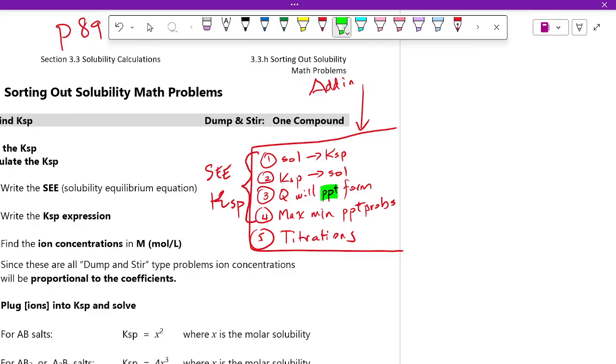For the two where it mentions precipitates, what will you be doing? You will be either writing the precipitate or identifying the precipitate. You can write the precipitation equation. ID the precipitate. You'll have to do that first.